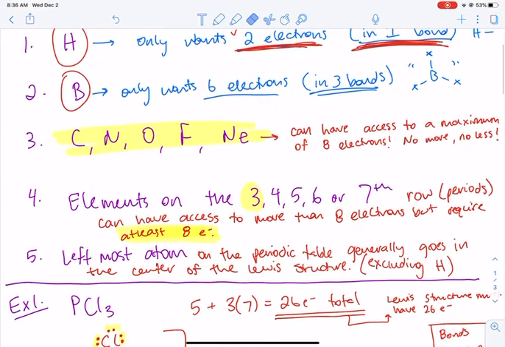Remember, carbon, nitrogen, oxygen, fluorine, and neon have to have access to exactly 8 electrons, no more, no less.